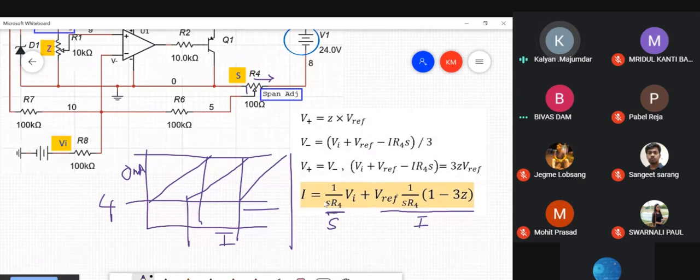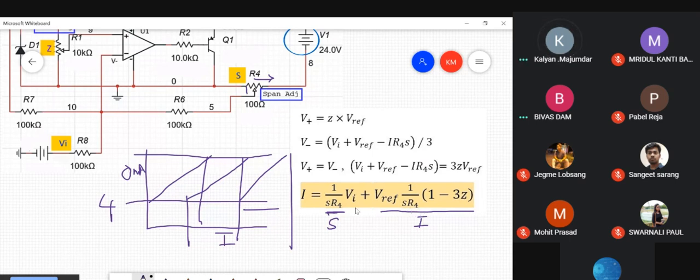What I've changed is span, that is I have changed the value of S. Now, unfortunately, S is a part of the slope of the straight line. It is also unfortunately a part of the intercept of the straight line. So if you try to change the span, it also affects the zero of the transmitter. This is undesired, but it does happen.